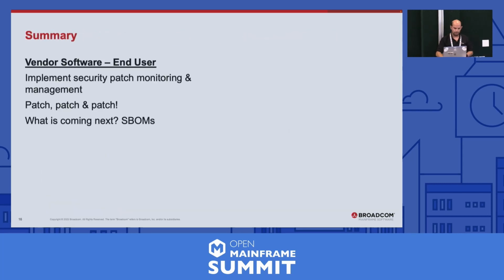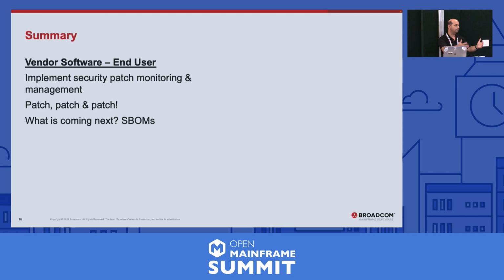So in summary, for vendor software, for end user personas, what are the steps you can take? Implement security patch monitoring and management, patch, whatever frequency applies to your company, right? And then what is coming next, right? What are some of the new things that you can anticipate here? Software bill of materials is the next thing that you're going to start seeing. Actually, Zoe started publishing it. It gives you a list of components that it ships.